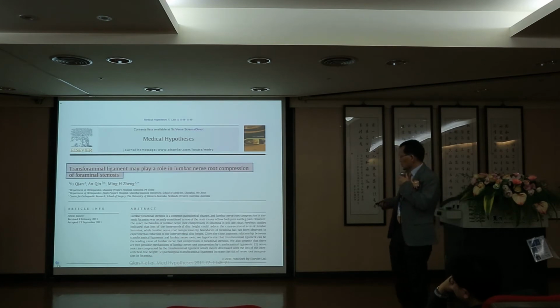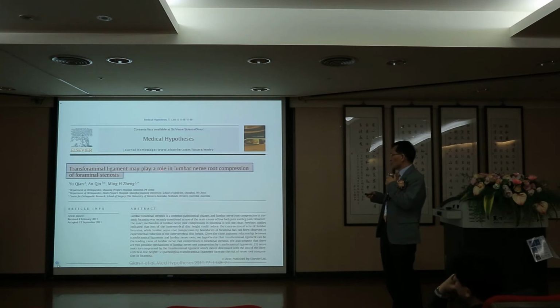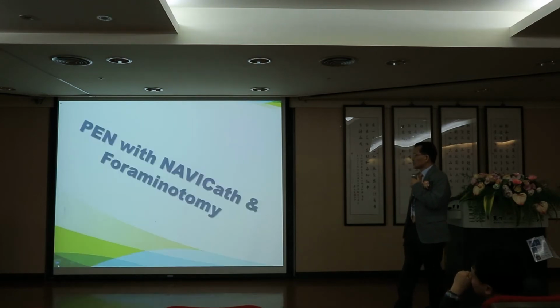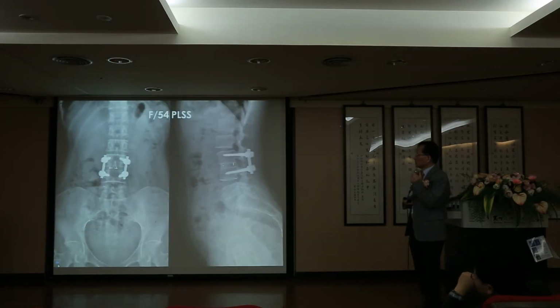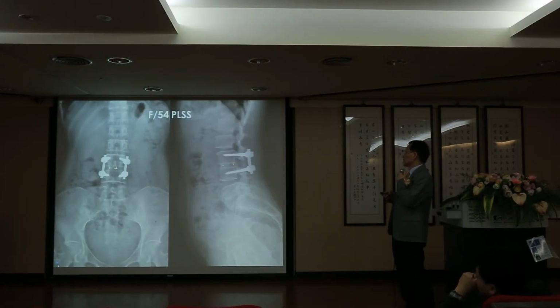In 2011, Dr. Kwian reported the transperineal ligament may play a role in lumbar nerve compression and foraminal stenosis. So we did this epidural decompression with Navicat, and also we do foraminotomy. This patient is 55 years old with post lumbar surgery syndrome.